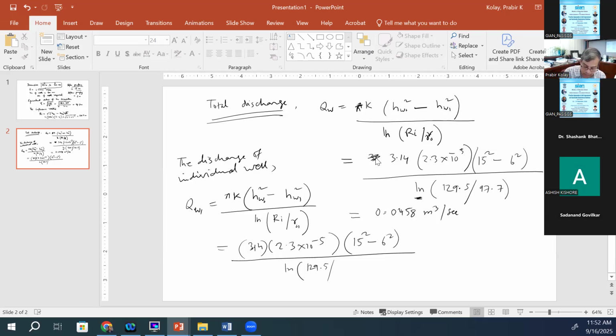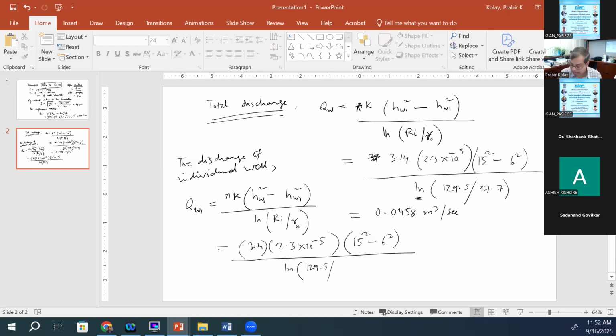And how much is the RW here? We mentioned it earlier, correct? The well diameter was given as 200 millimeter.